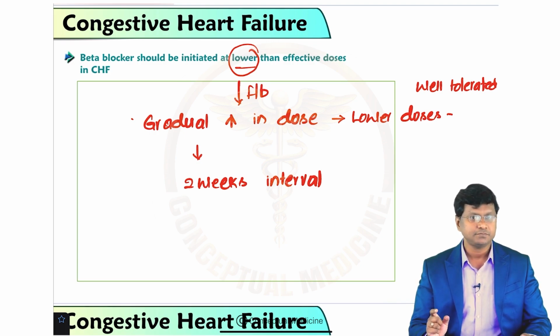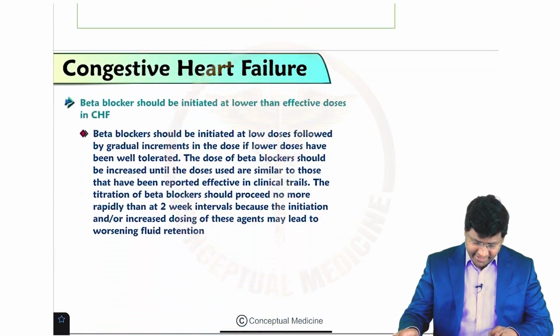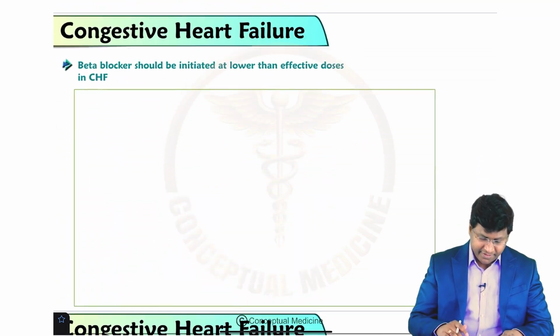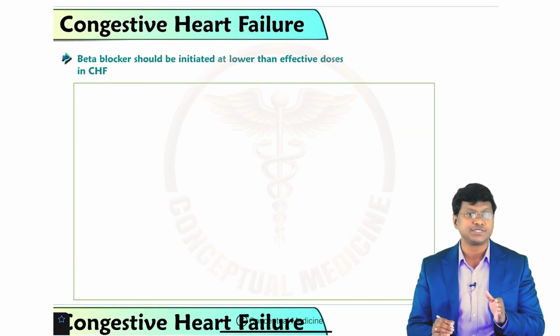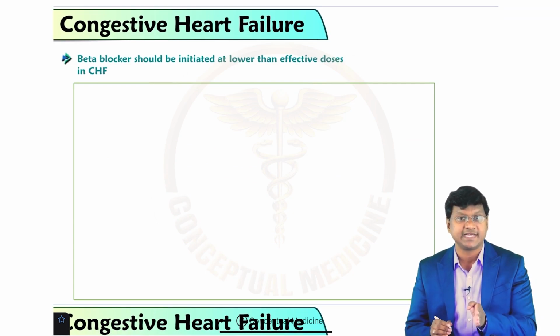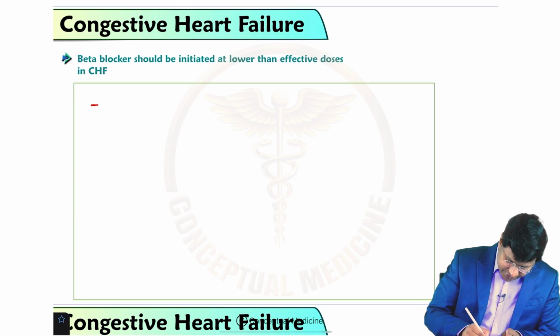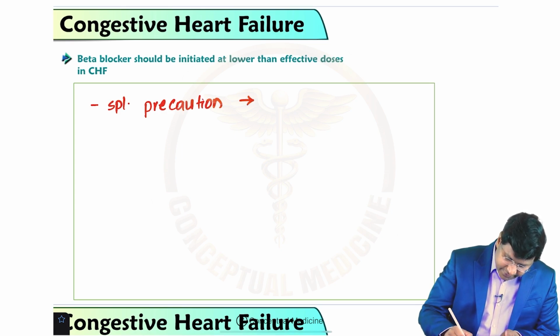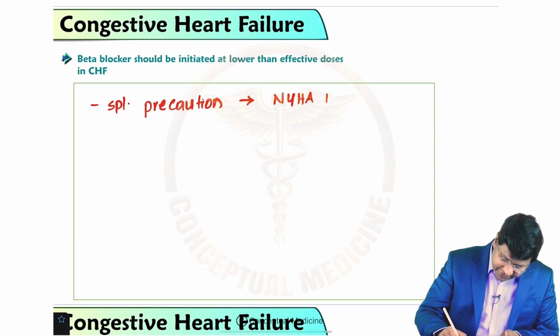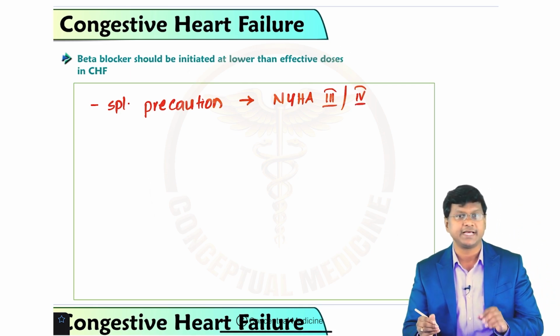And when you directly give a very high dose where the individual is not tolerating, that can lead to worsening fluid retention, right? And a very important point is, a special precaution should be taken when you are giving beta blockers in NYHA class 3 or class 4.